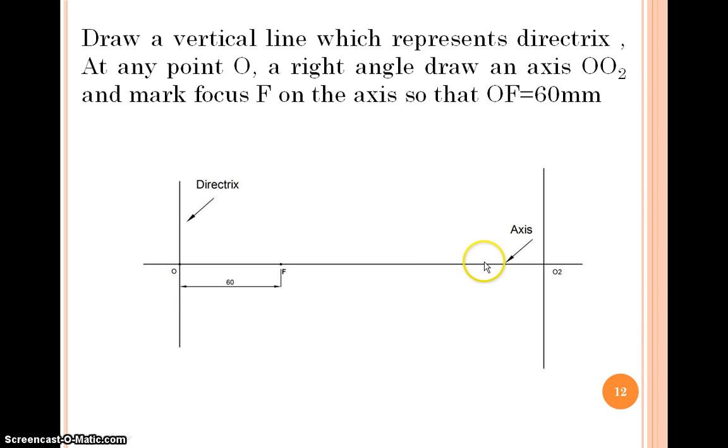So this horizontal line is called the axis and that vertical line is called the directrix. By taking a point away from that directrix equal to 60 mm, let us consider this point as F, which is the focus.